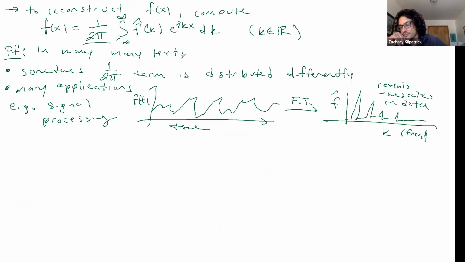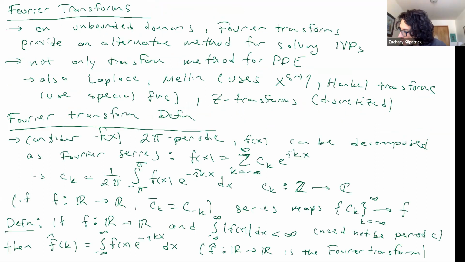So it sounds like, is this over a finite domain then? Do we have Fourier transforms over finite domains as well as over the real line? Yeah, right, that's a good point. In that case, you can truncate these integrals in the same way that you would here, in order to get 2 pi periodic functions.